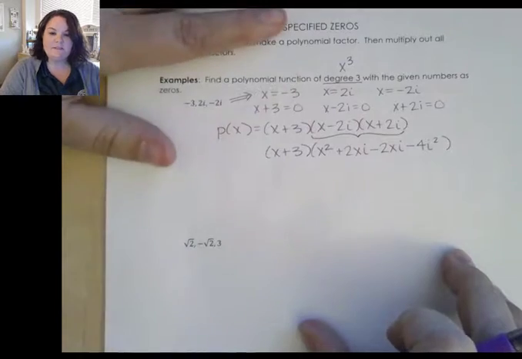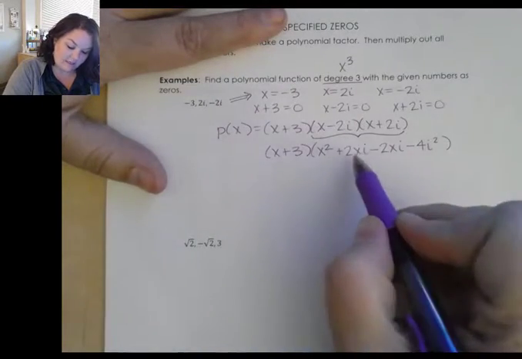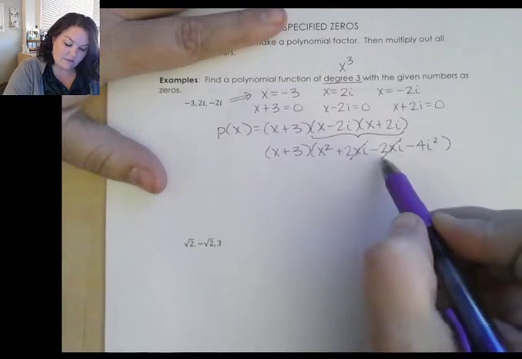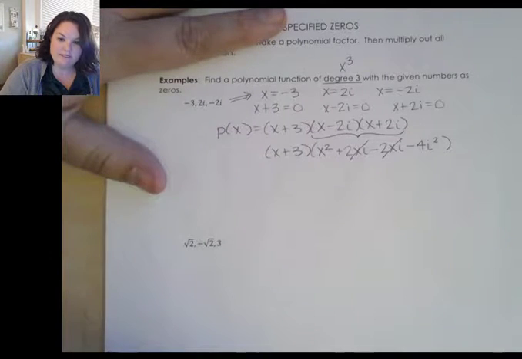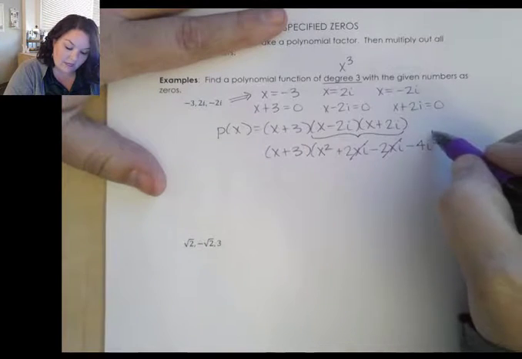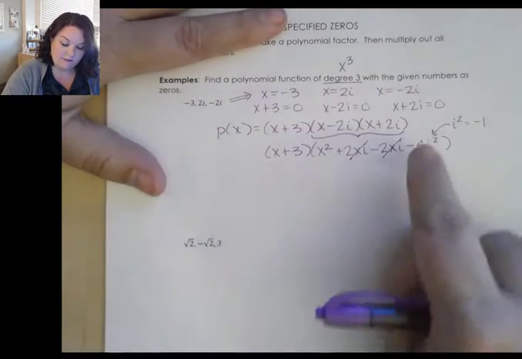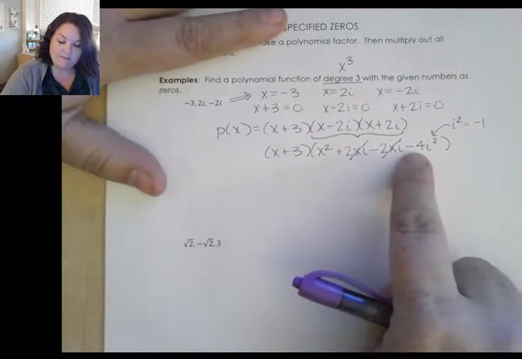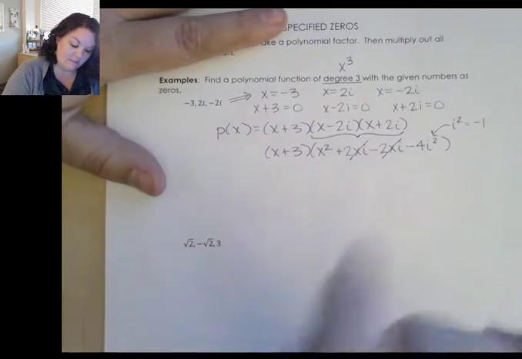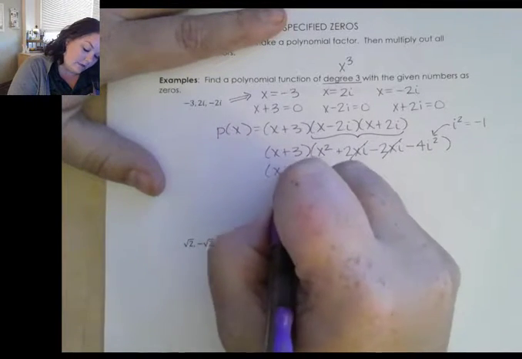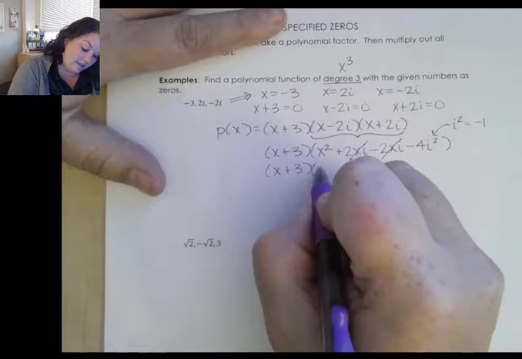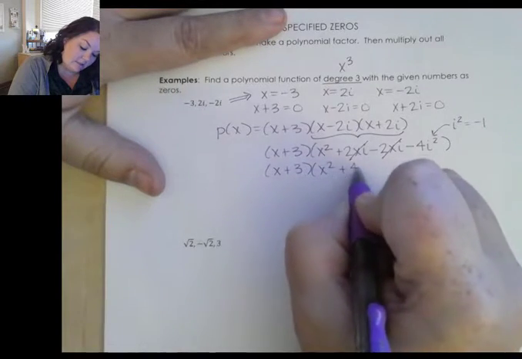There's a little bit of simplifying I can do here, because my xi terms are opposites, so those combine to 0. And remember, i squared is equal to -1. So if I multiply -1 by the -4, this becomes a positive 4. So I have x plus 3 times x squared plus 4.